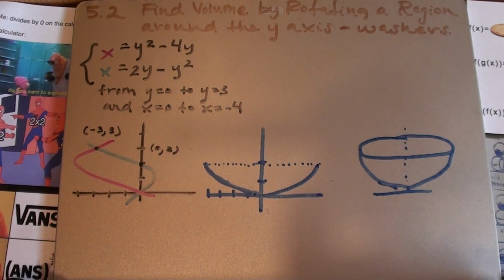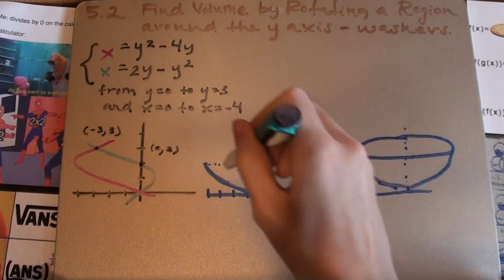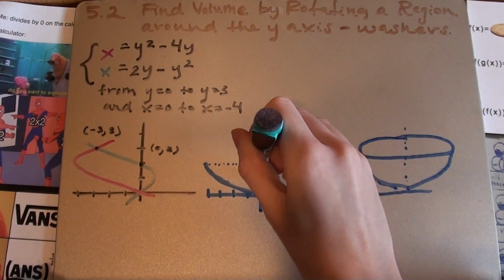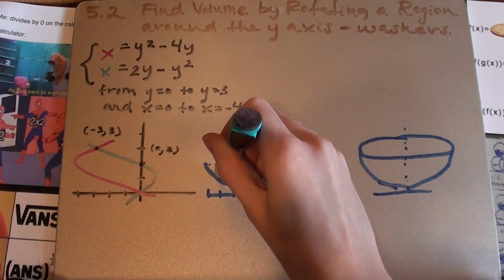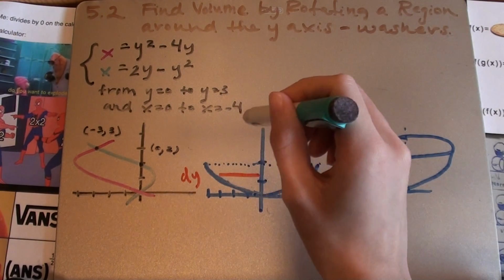So with our past work, what we've done was just finding the area rather than finding the volume. If I were to ask you to find the area of just this bottom region here before we rotated it, of just this area right here, what we would have done is we would have drawn a rectangle in here and given it an infinitely small width, dy.